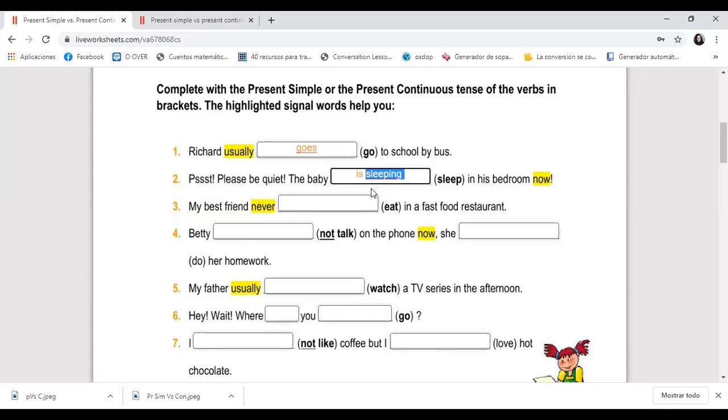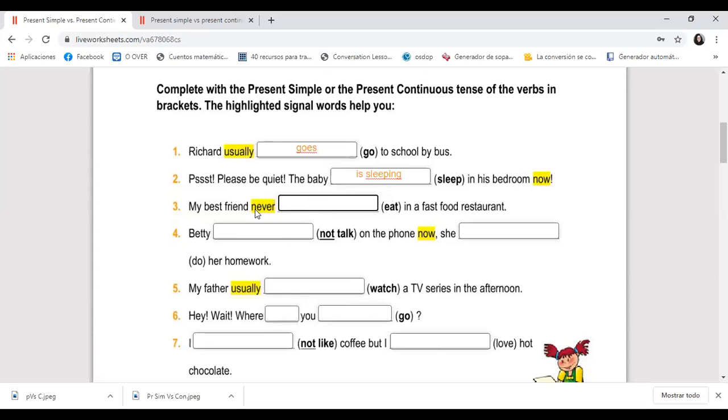This is the verb that you have to use. And remember that if the subject is he or she, we have to put here the verb to be that corresponds to that subject. So the baby is sleeping in his bedroom now. Please be quiet. Okay, and you're going to go on doing this activity.